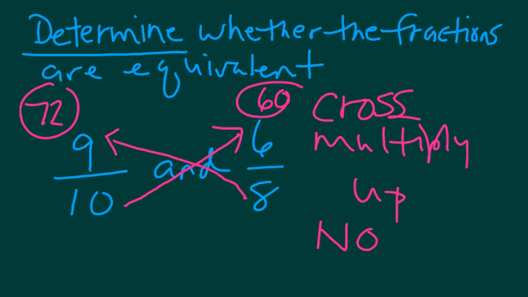If you changed this to common denominators, you would have a common denominator of, say, 800, so it would be 60 over 800 and 72 over 800. So you're just finding the top number to see which one's bigger. So you just cross multiply up. So yes, they're equal, or no, they're not. This one is no, they're not. Let's do another one.